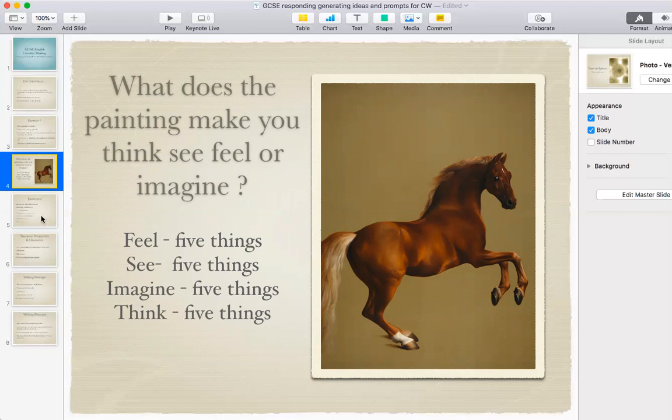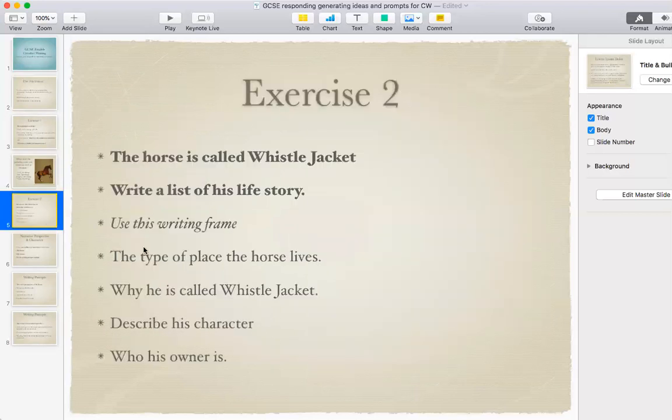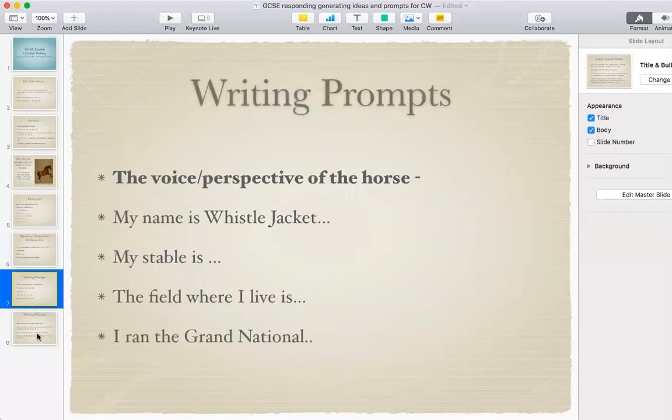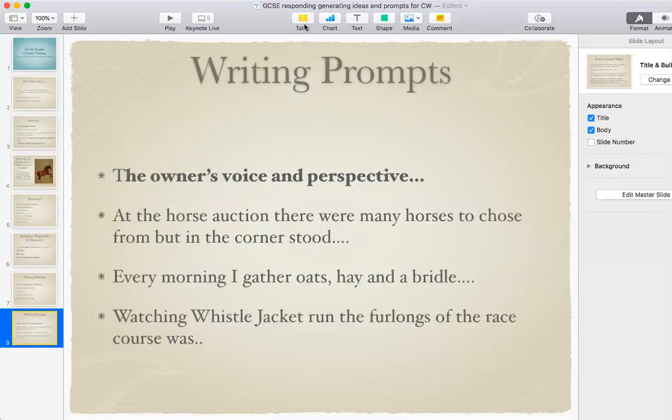When you've got those down, you then want to write a list of his life story, the type of place, why he's called Whistlejacket, try and describe his character and who his owner is. And then choose a narrative perspective, the horse or his owner, and use either one of the writing prompts to help you. Okay, that's part 1 of your lesson. I will do a lesson on the painting after this. Bye.